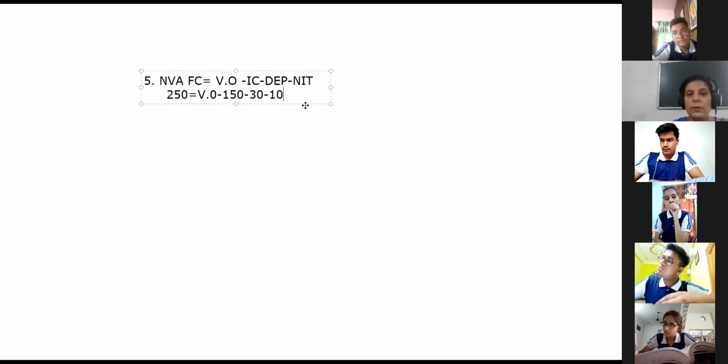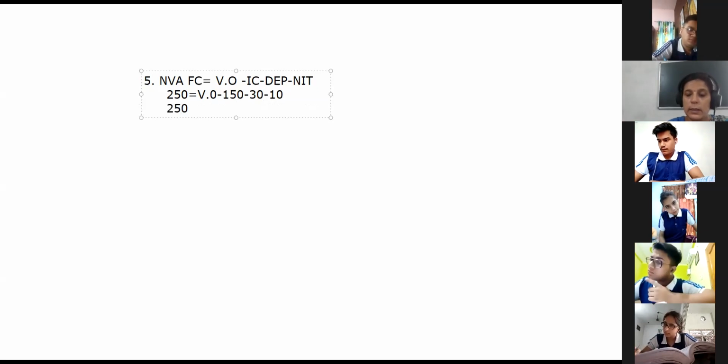150 minus 40 will be 110. Sorry, 150 plus 30 plus 10, this is 190. ठीक है Dhruv? It's 190, and 190 when it will be shifted here, it will be now 250 plus 190 is equal to value of output.